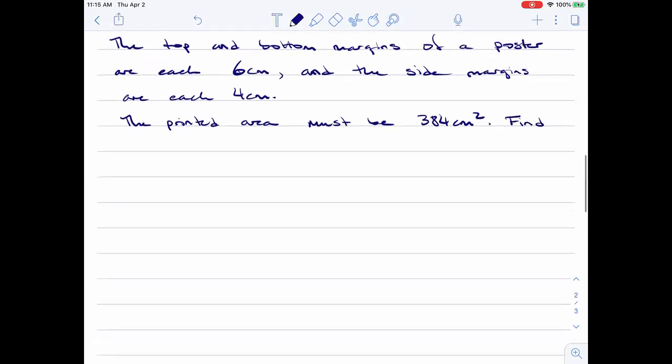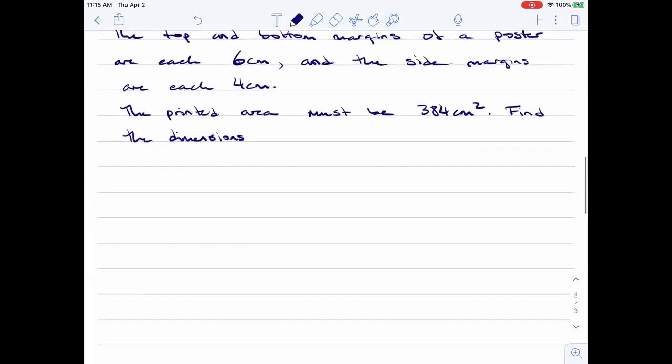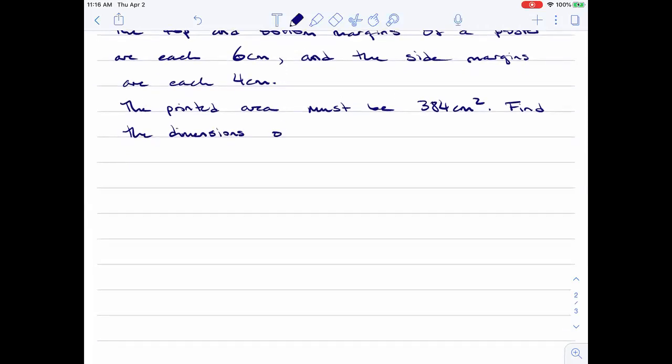Find the dimensions of the poster with the smallest area. So find the dimensions of the poster with the smallest area.